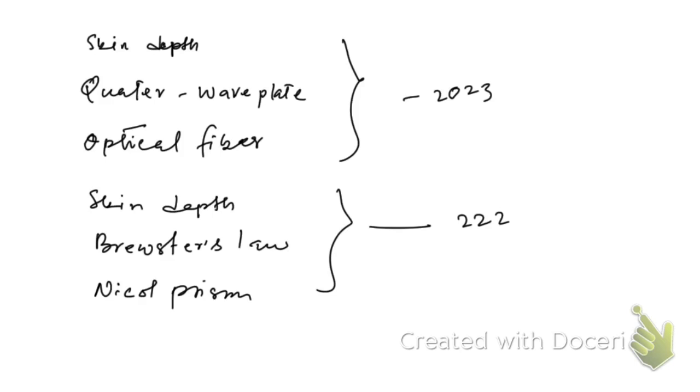These were asked in 2022. Then in 2024 you have double refraction. Next topic is Lorentz half-shade polarimeter.